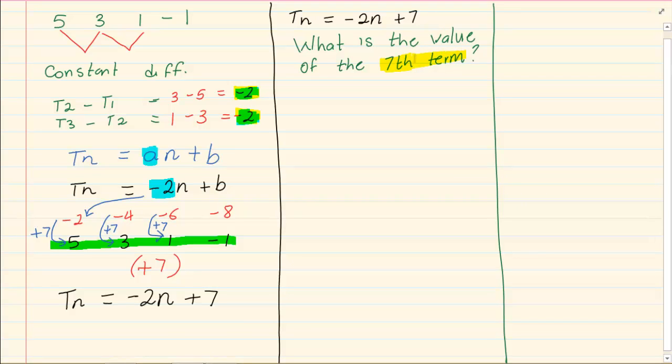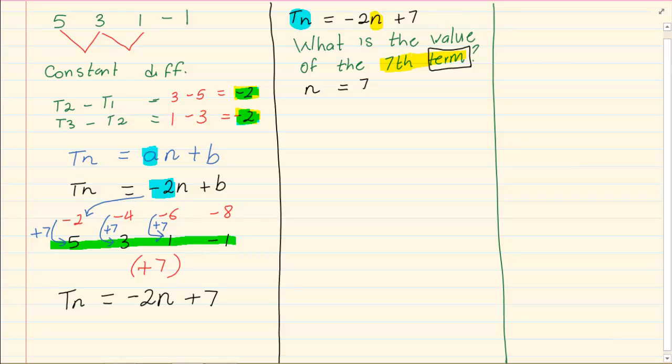They usually get confused between Tn and n. When they say the 7th term, they are giving you n. So they are telling us now that n is equal to 7.